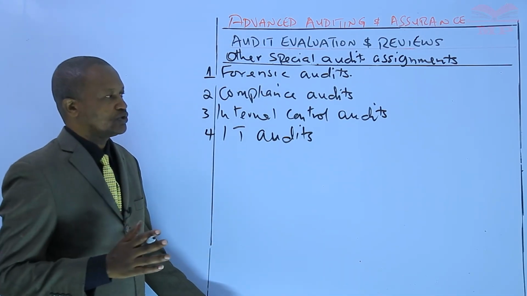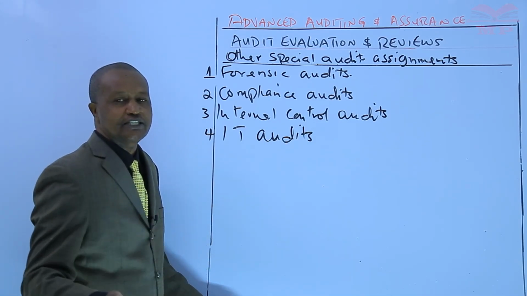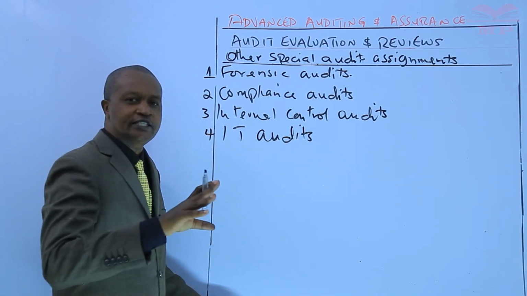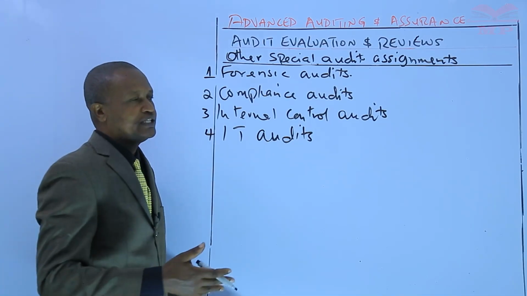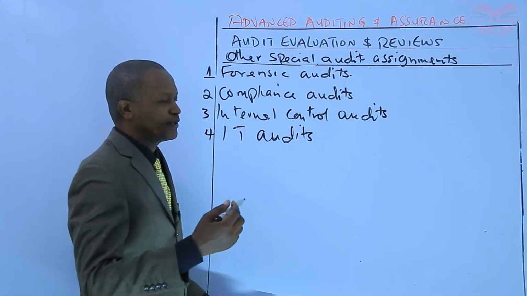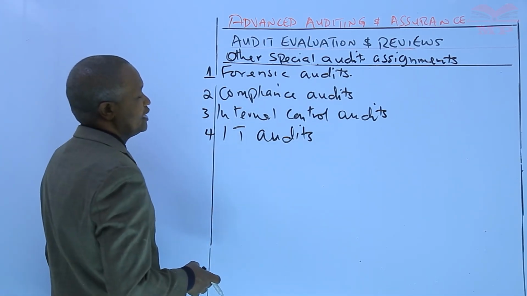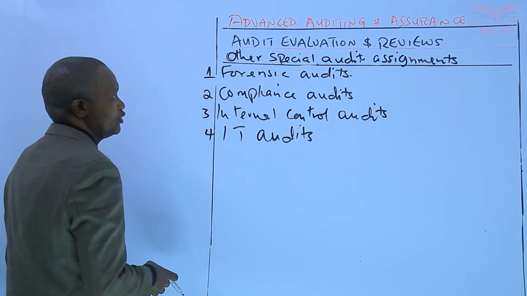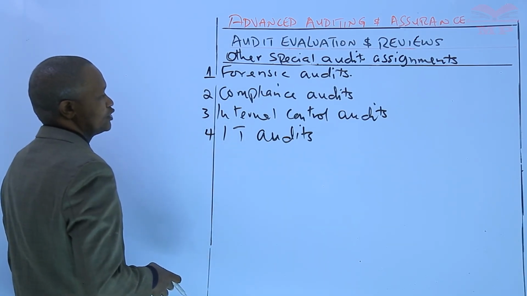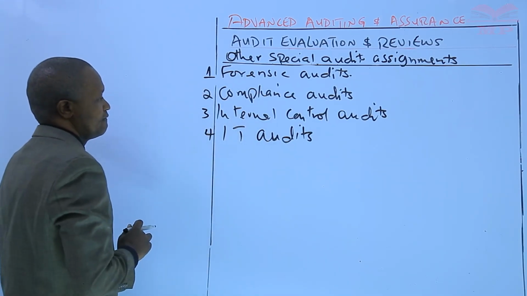And it's important to note that IT audits may also examine areas such as system development, network infrastructure, and data privacy and protection. So an auditor may be asked to carry out a special audit on information technology.